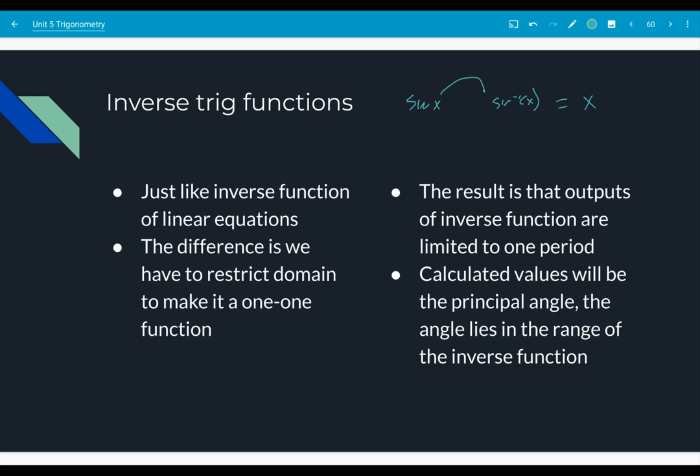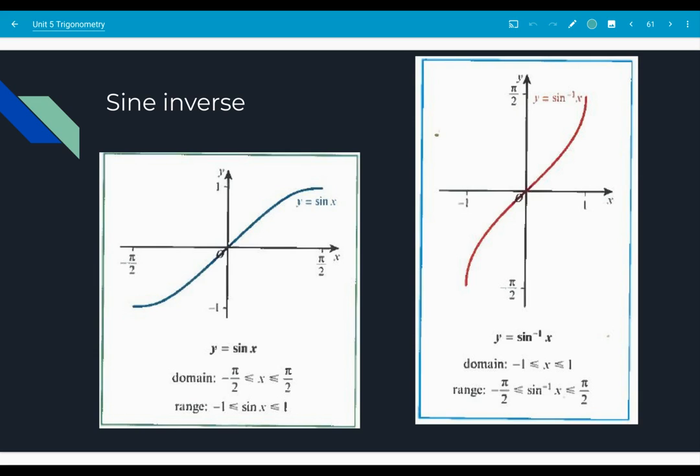Okay, so inverse functions are limited to one period. When we're dealing with inverses, we only calculate the principal angle, the angle that lies within the range of the inverse. So let's see what that looks like on a graph. This is our sine function, sine of x here.